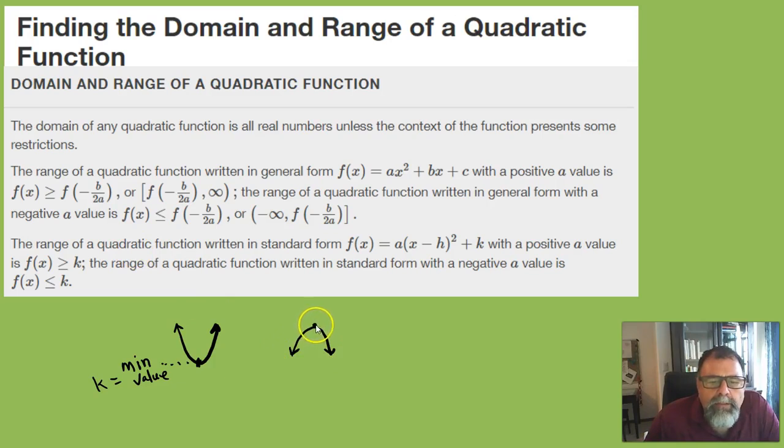So if it's opening upward, range is going to be from k to infinity. And again, this would be your max value, which is your k of your vertex. So the range would be from negative infinity up to that max value.